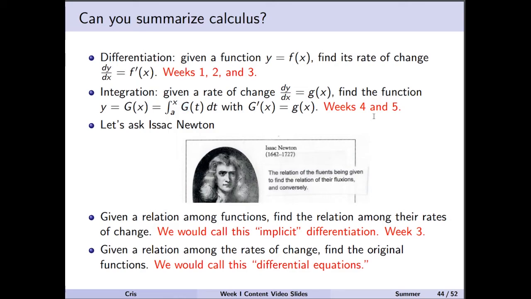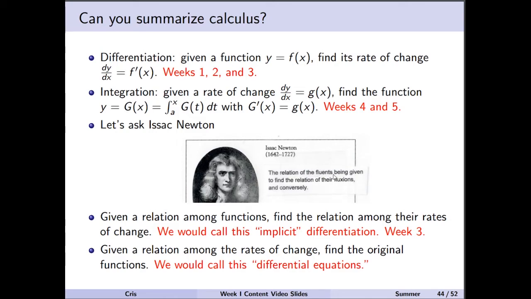But you'd think if we really wanted to know what calculus was about, we would ask Isaac Newton. So what does Isaac Newton say calculus is about? "The relation of the fluents being given to find the relation of their fluxions and conversely." So the English is already kind of outdated 300 years in the future.